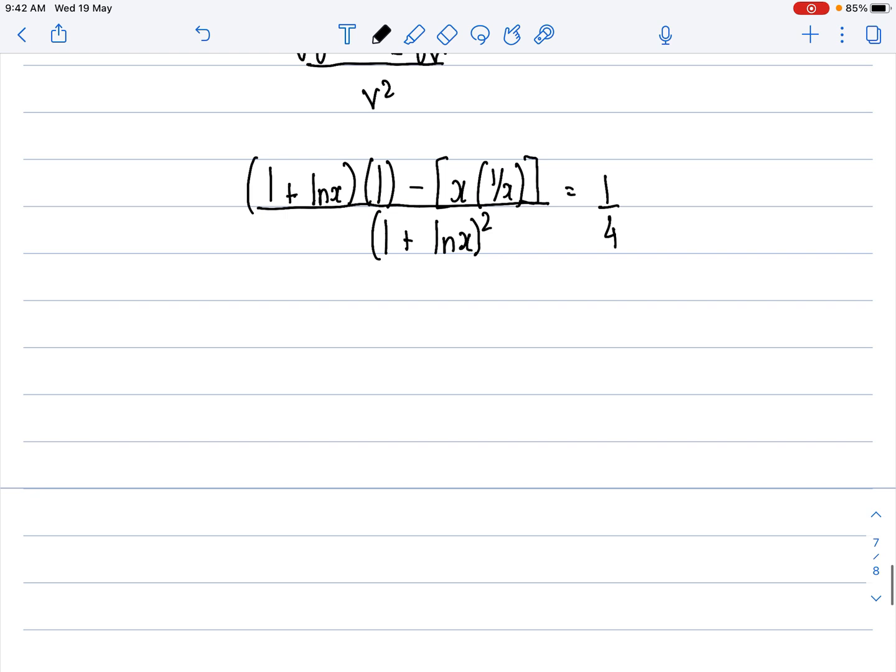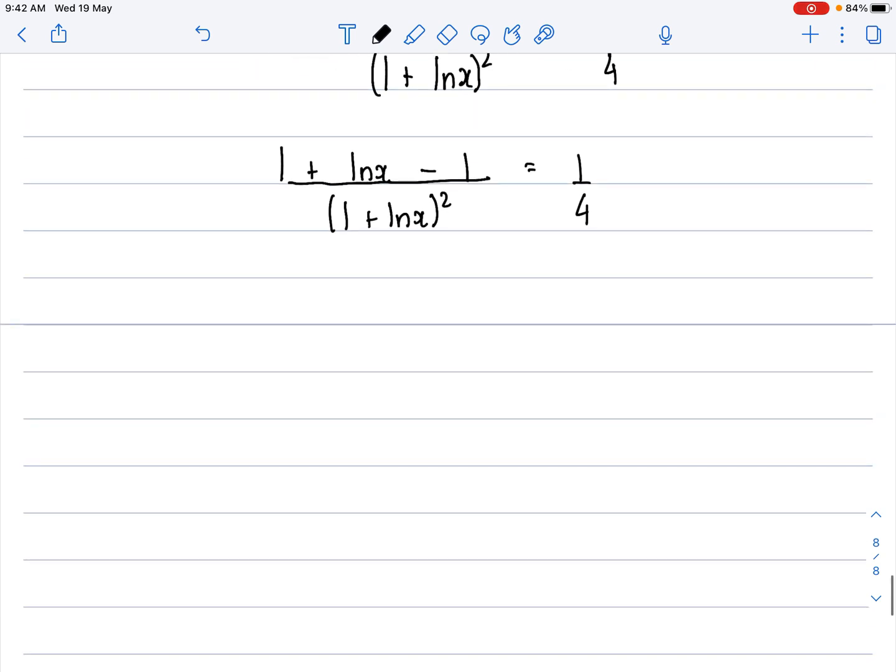Now I can write this as 1 plus ln x minus, cancelling the x, simply 1, over 1 plus ln x the whole square, which is equal to 1 over 4.